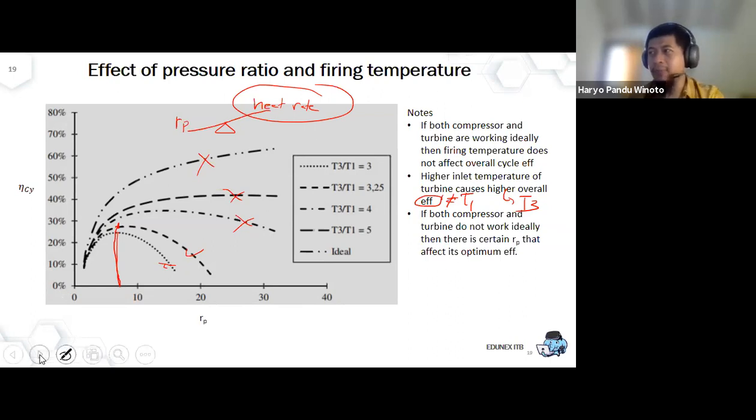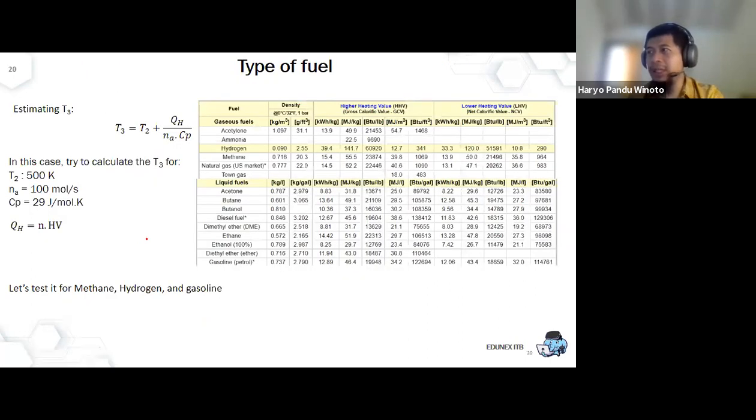This one is the type of fuel. This one is your third assignment.